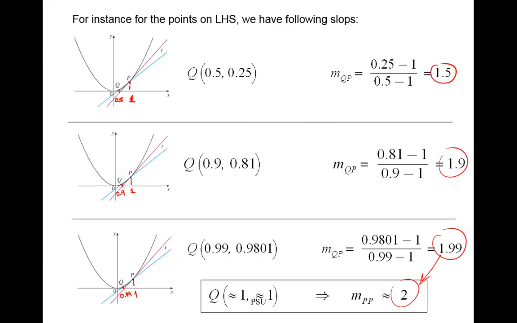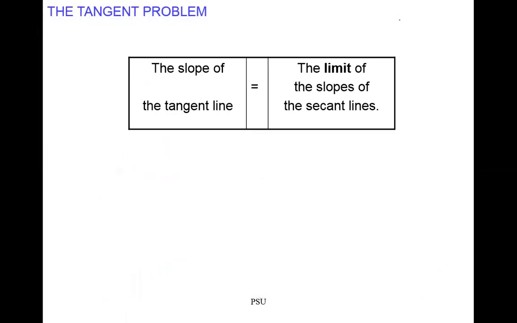Now let's put some general notations. The slope of the tangent line is like the limiting position of the slope of the secant line. Again, the word limit: the limit of the slope of the secant line.